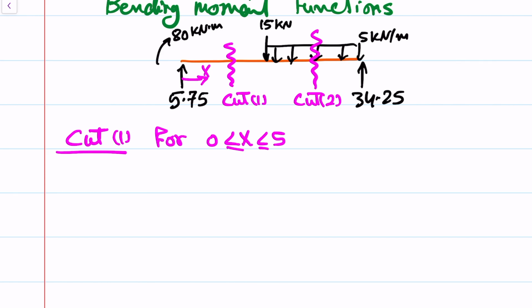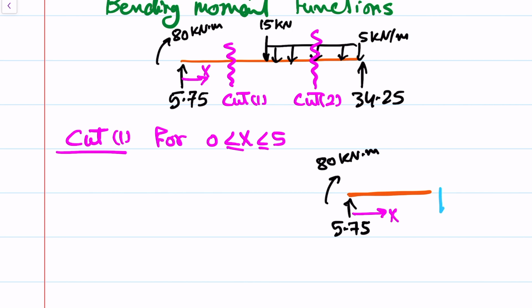Okay, so this will be 5.75, 80 kilonewton meter, right? And this is X, shear V, moment M, and then solve summation Fy equals 0.